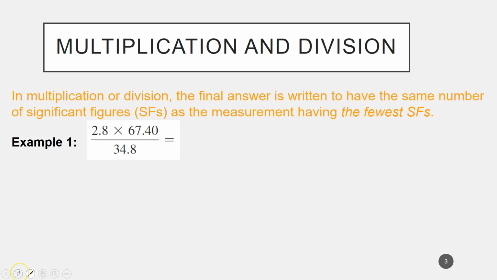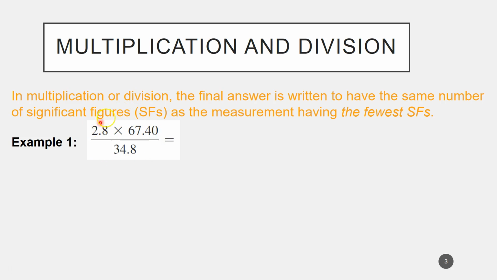So let's start with the multiplication and division rule. This rule states that in multiplication or division, the final answer is written to have the same number of significant figures as the measurement having the fewest significant figures. Let's consider this example over here.